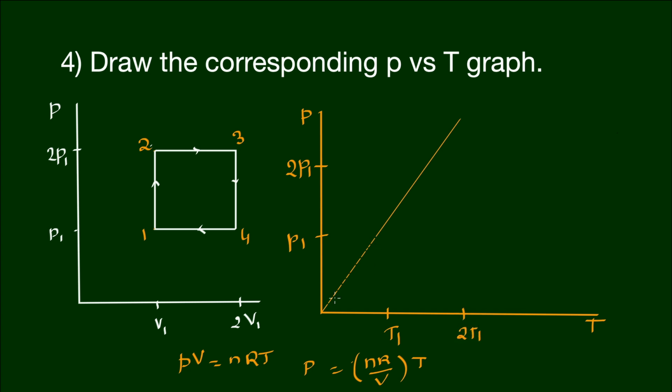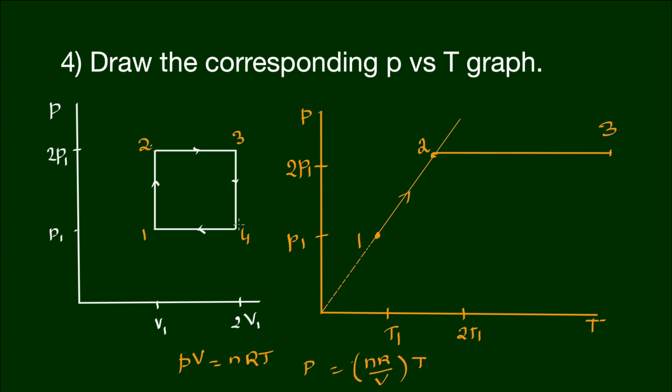Process starts here at P1, T1 and goes up to here, 2P1, 2T1. So this is 1 to 2. So from 2 to 3, the pressure is constant at 2P1. At constant pressure, the volume doubles, so the temperature doubles. So it goes all the way to 4T1. So from here, we draw a constant pressure line at 2P1 all the way to 4T1. So this is point 3.